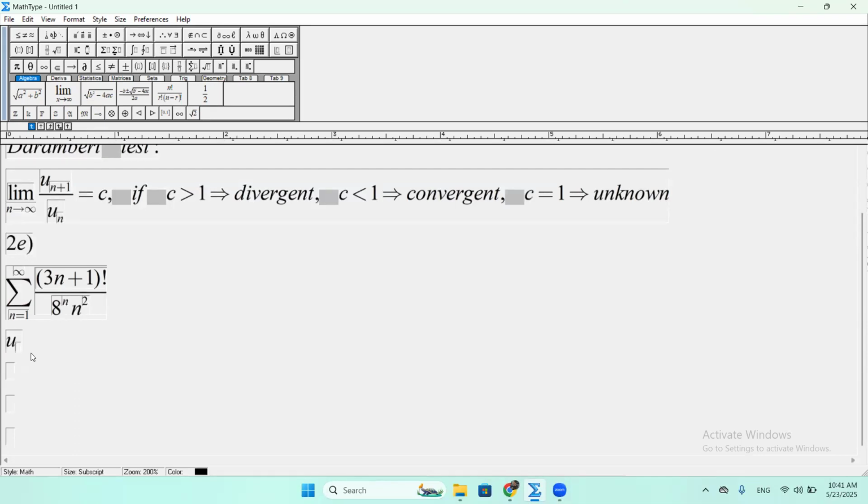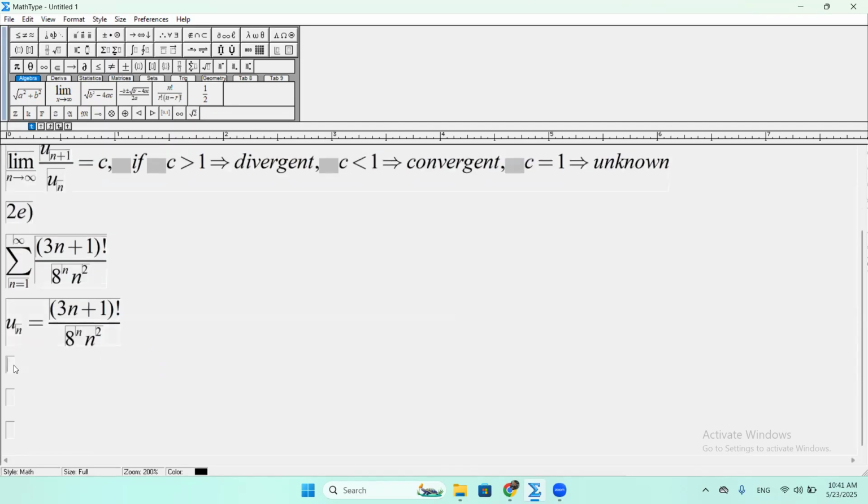So let's write down u(n). u(n) will be equal to the following expression. And what about u(n plus 1)? Substitute n plus 1 here. So it will be 3n plus 4 factorial over 8 in power of n plus 1, and n plus 1 square.